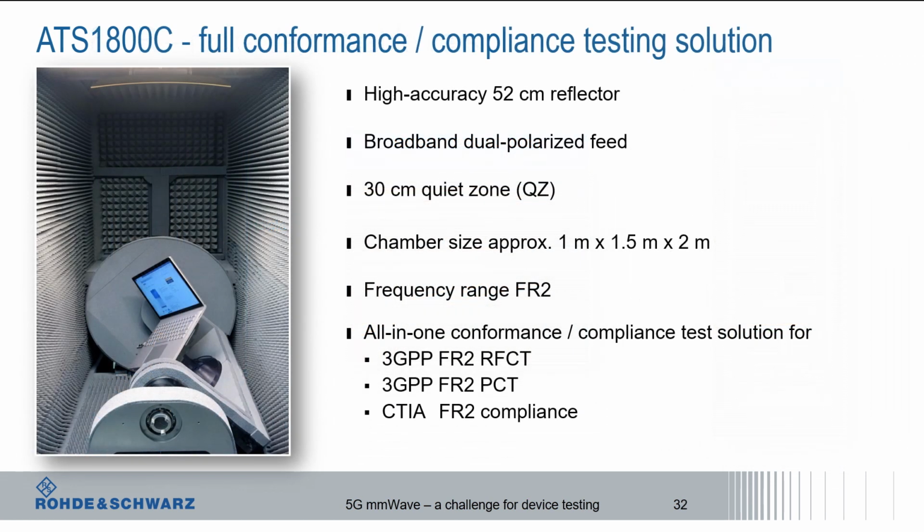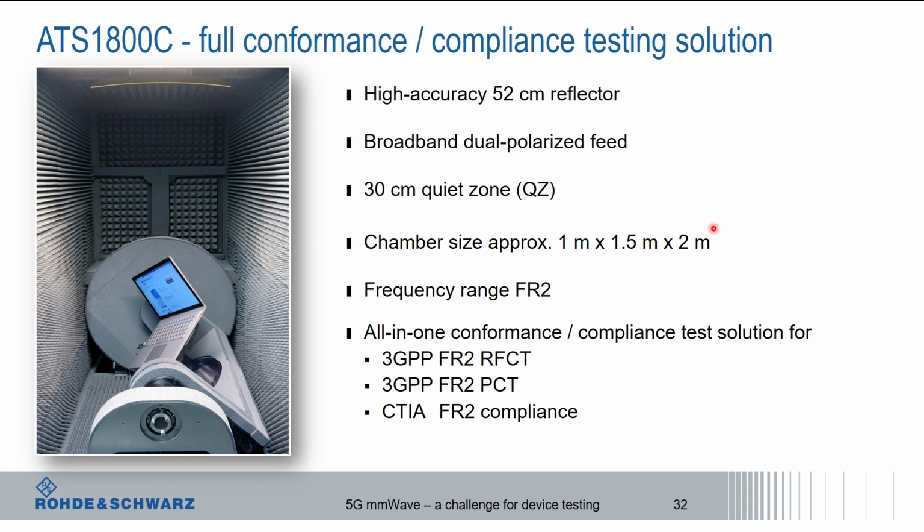Or alternatively, you can also put this reflector into a chamber. We have a chamber called ATS 1800C, and this creates, with a little bit bigger reflector, a 30 centimeter quiet zone in a chamber size of about 1 by 1.5 by 2 meters.